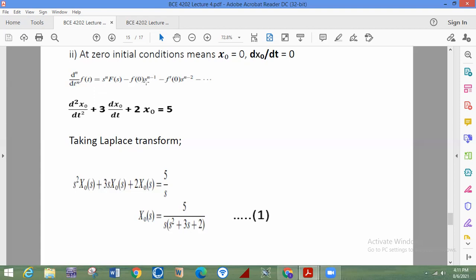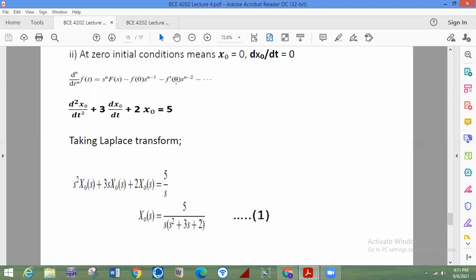In this term, it is clear because this term is multiplied by our function f naught. In our case, it is x naught, and x naught is 0. So when you multiply 0 in this term, definitely it becomes 0.